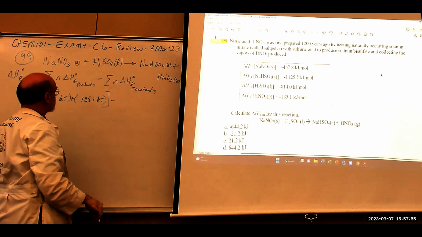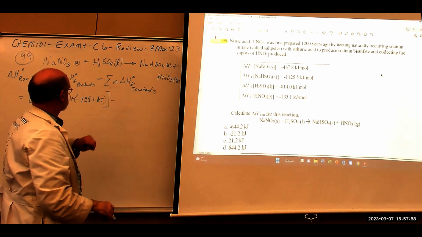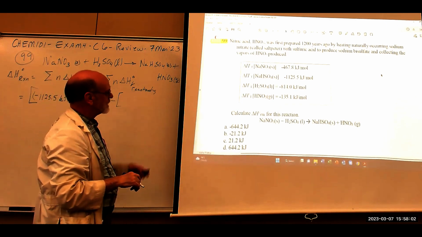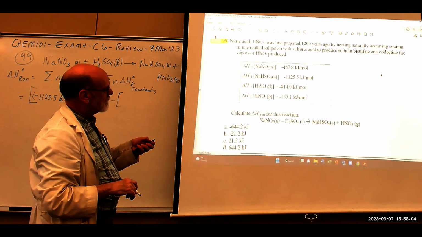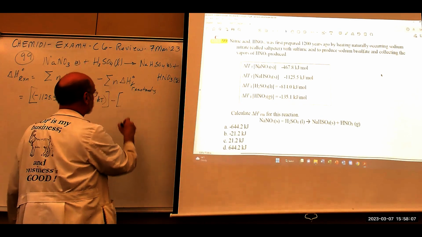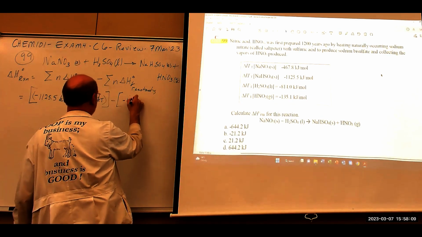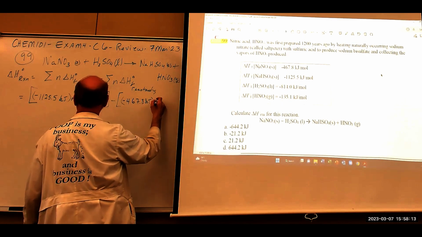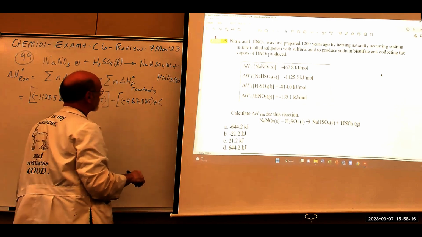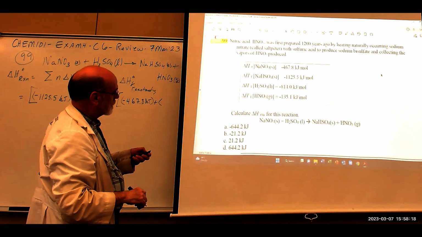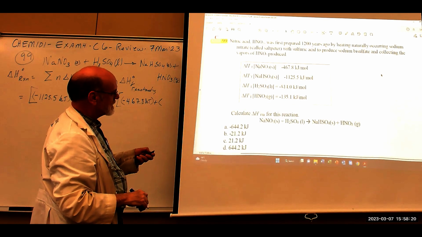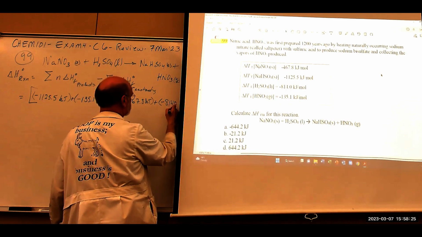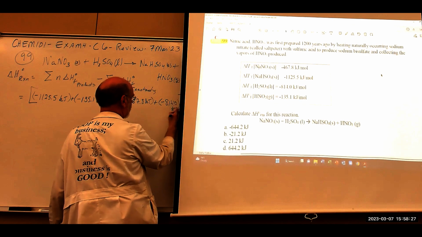Okay. Then we subtract the reactants. Sodium nitrate, right here, minus 467.8 kilojoules. And then add to that H2SO4, which is minus 814 kilojoules. There we go.